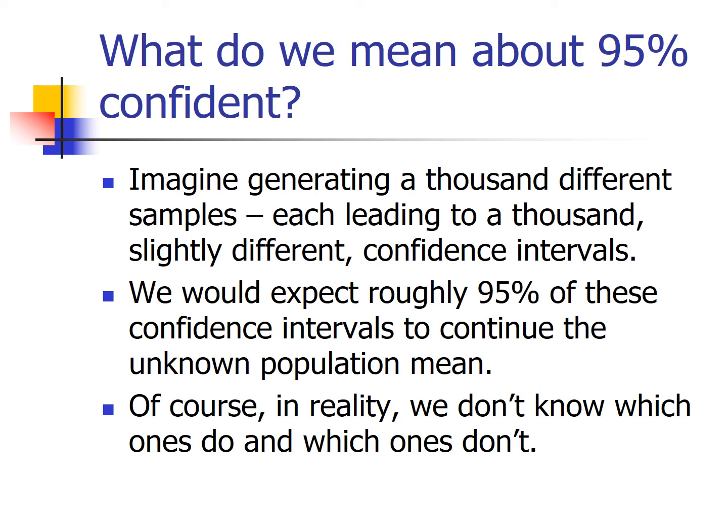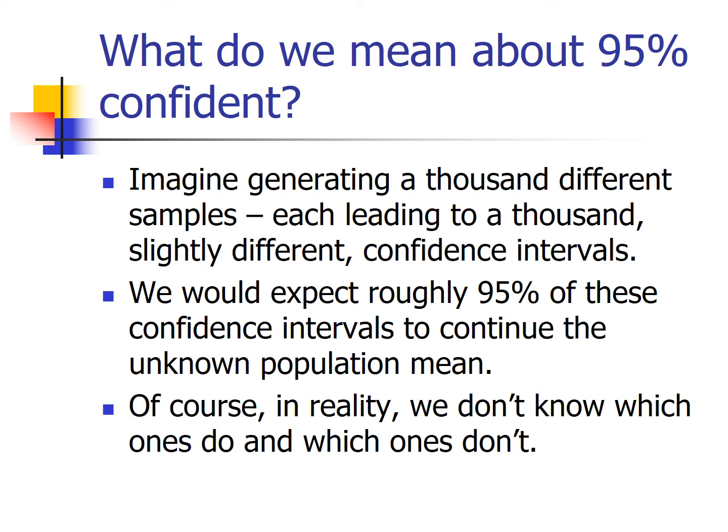Imagine repeating that kangaroo experiment over and over. You order a different 64 kangaroos and a different 64 kangaroos and a different 64 kangaroos. Every sample has a different sample mean, and every sample has a different sample standard deviation. So every sample is giving us slightly different confidence intervals. Imagine thousands of samples, each giving us slightly different confidence intervals.